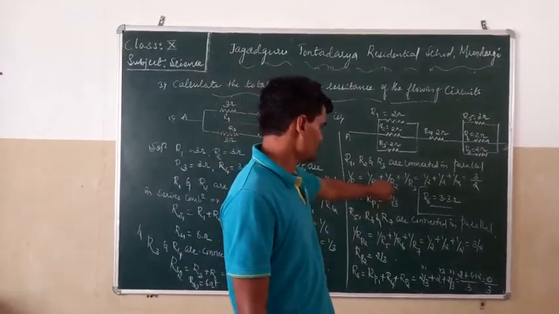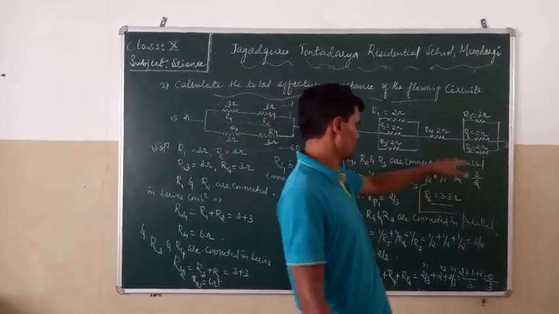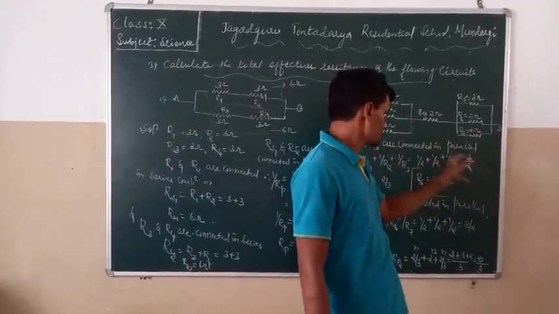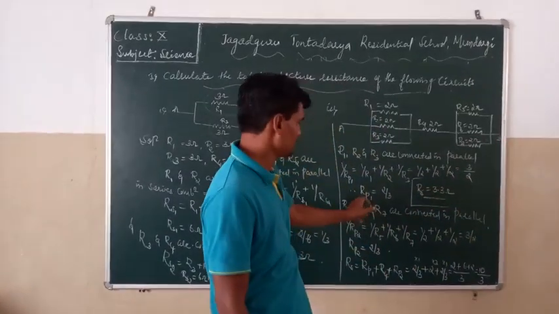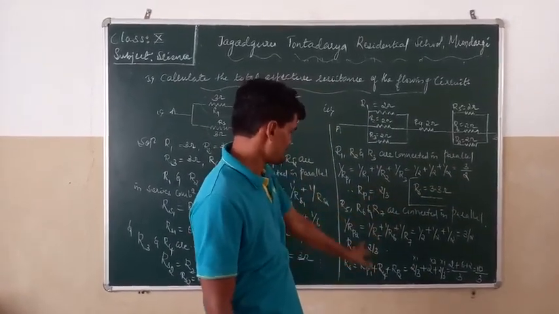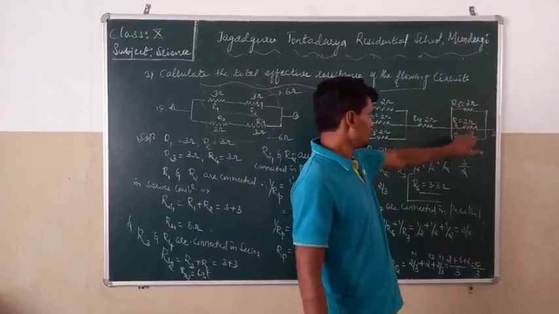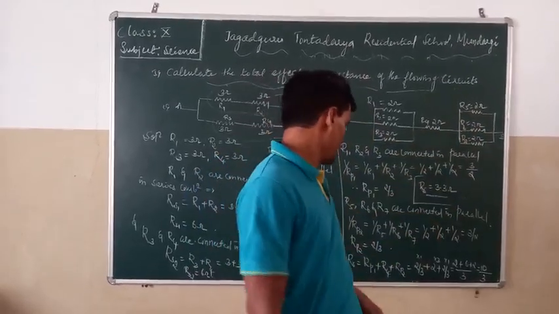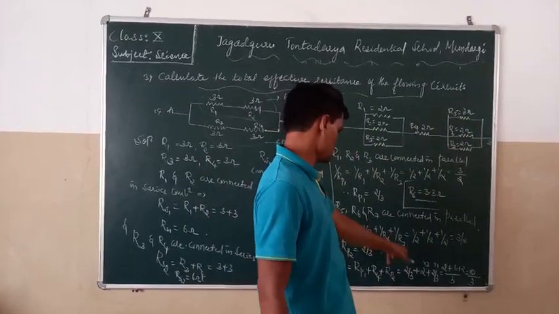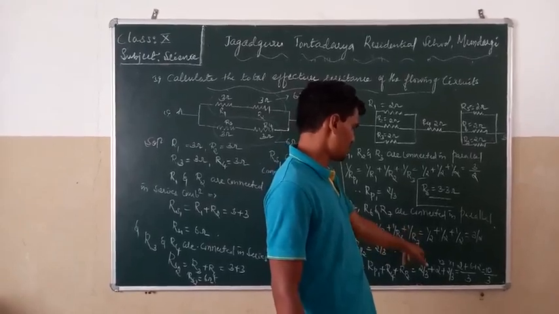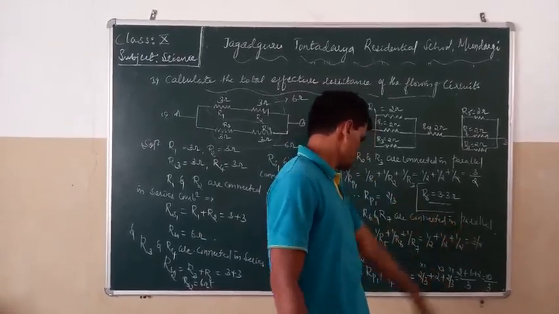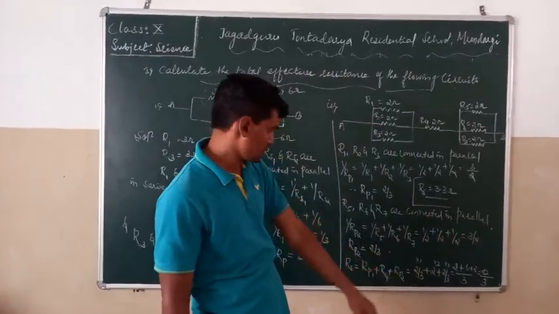So 1 by R1 plus 1 by R2 plus 1 by R3, 1 by 2 plus 1 by 2 plus 1 by 2, so 3 by 2. I need Rp, therefore 2 by 3. Similarly R5, R6, R7 are connected in parallel, so Rp2 is equal to 2 by 3.